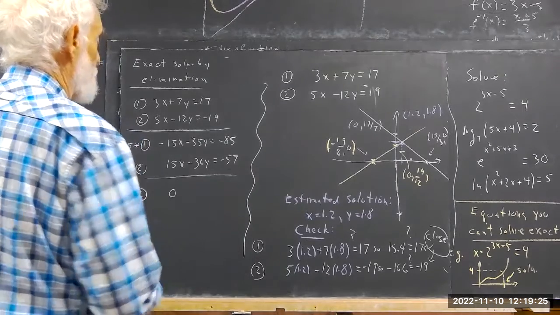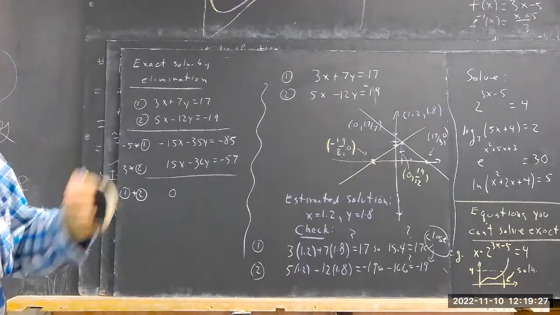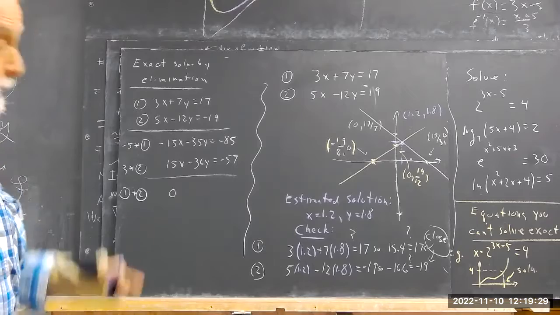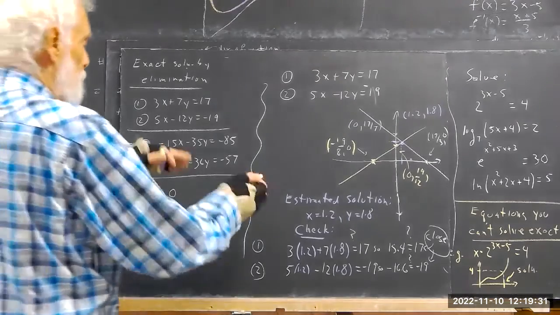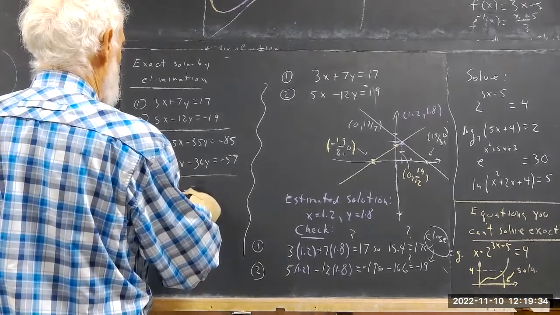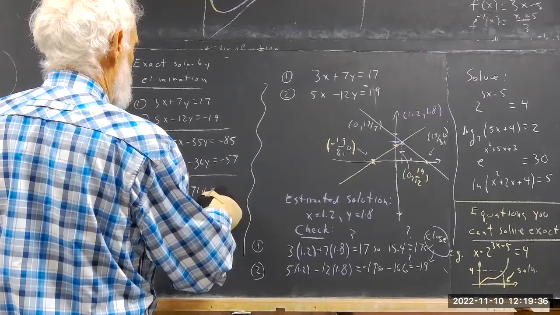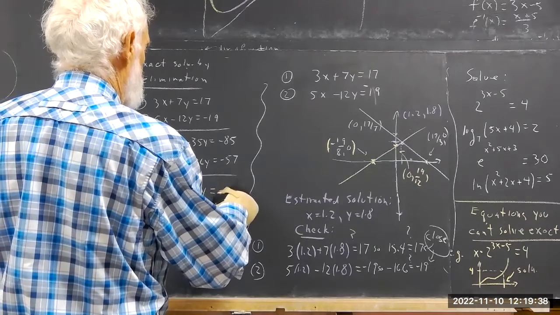It's 0x, but 0x is 0. 0 times x is 0, right? So we get a 0 here. And then we do the rest of the arithmetic. We get -71y, and that equals -142.